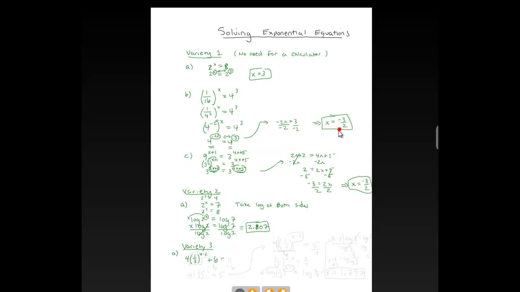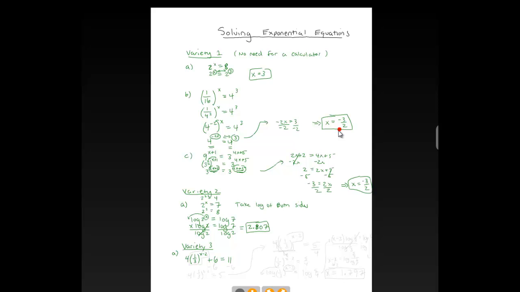So you get something like this. Students freak out. They find it very confusing. It's very hard to do by guess and check, because I don't know about you, but I can't think of the x value that's going to make this true off the top of my head, unlike in variety 1a, where you knew the answer was 3. Okay, so we've got to solve this.